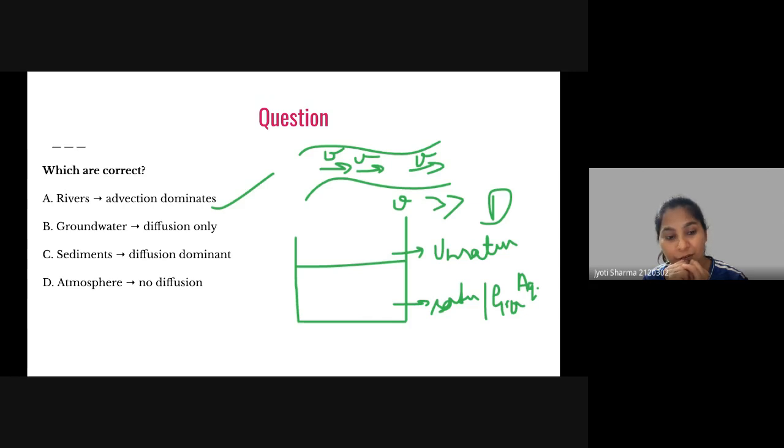B for unsaturated. Yeah, you're right. Whenever we have unsaturated, then diffusion will happen. But if the groundwater is saturated, there is always some velocity, and that velocity is no doubt very low. But if you have learnt about Darcy's law, then Darcy's law says that the velocity of the groundwater is proportional to your hydraulic gradient.